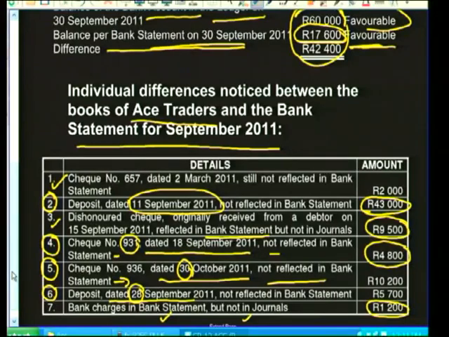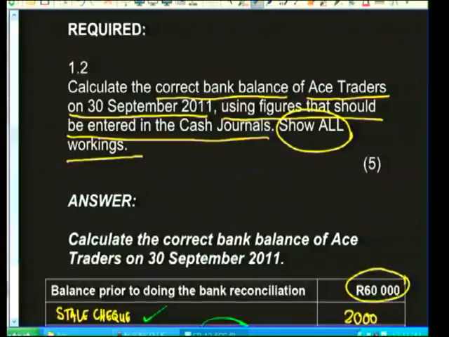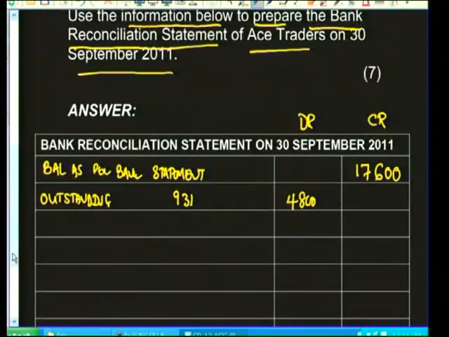So, we've dealt with that one. Here's another check, 10,200, number 936, 10,200. Let's deal with it. Check number 936, 10,200. Again, an outstanding check. Why? Because it has been written but not presented for payment.